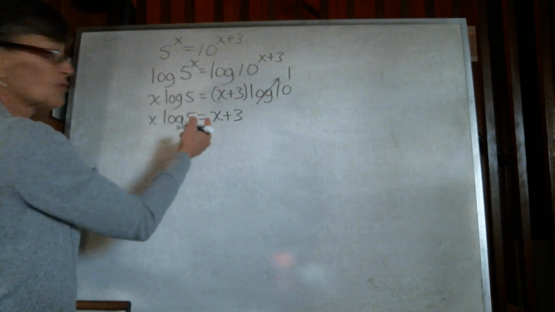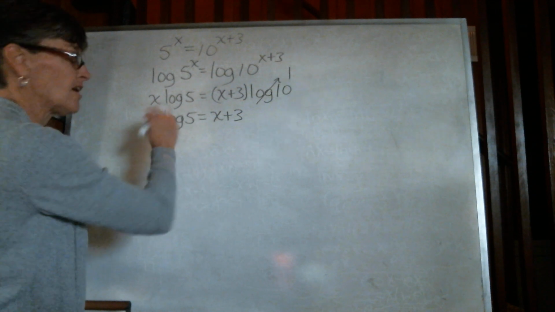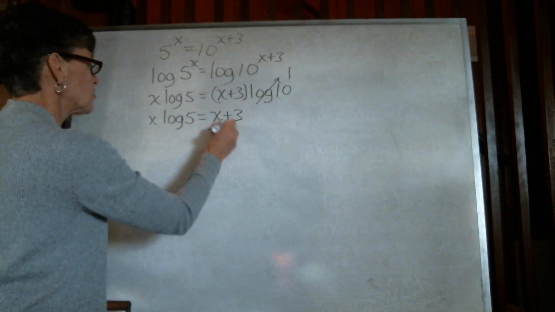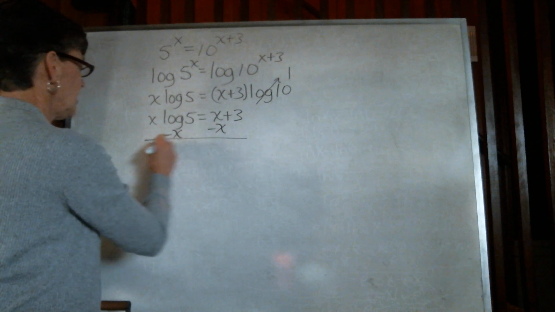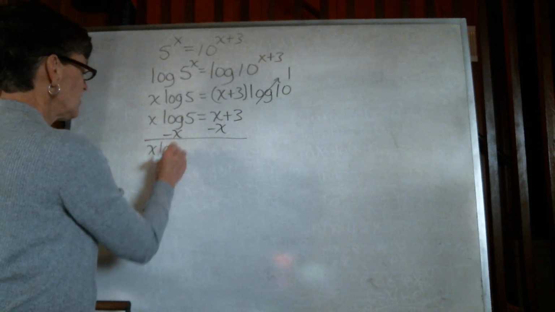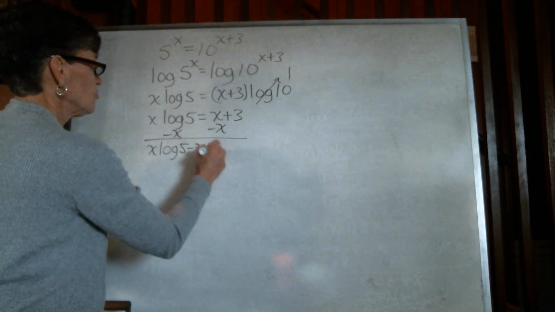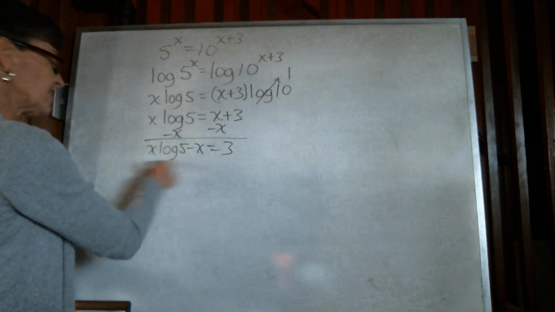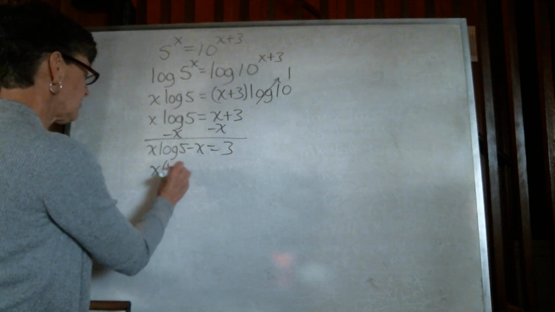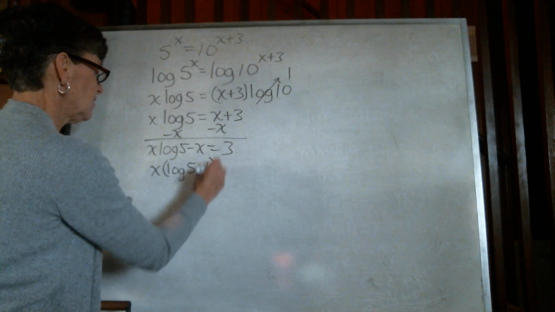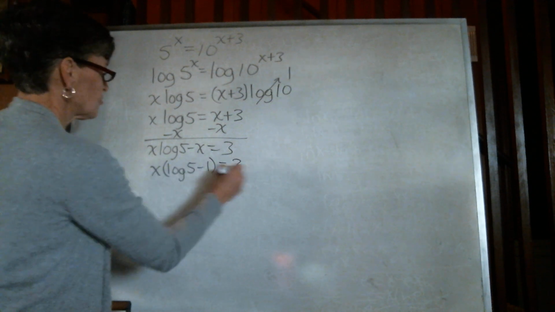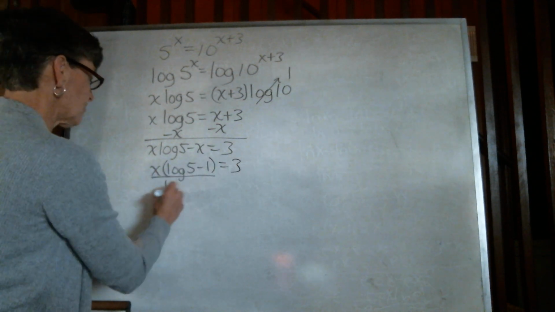And so all I have to do is get my x's together on one side and my numbers on the other. So I'm just going to subtract x from both sides. And then I have x log 5 minus x equals 3. And then I can factor my x out. So I have log 5 minus 1 times my x equals 3. And I can divide by my log 5 minus 1.